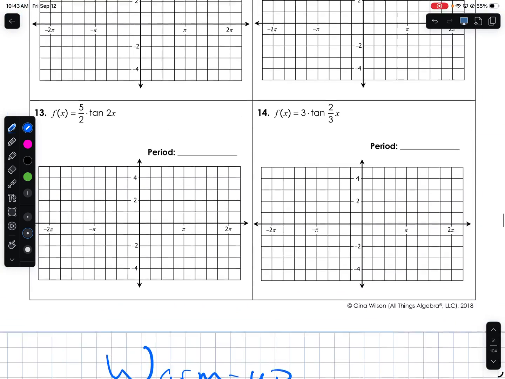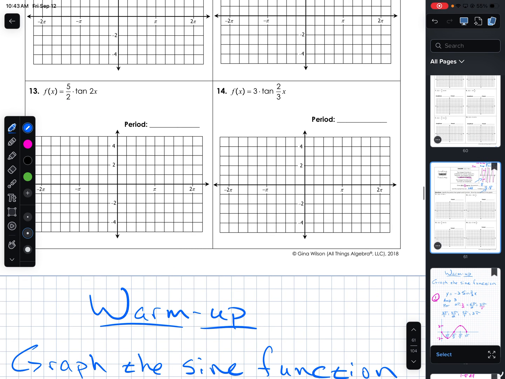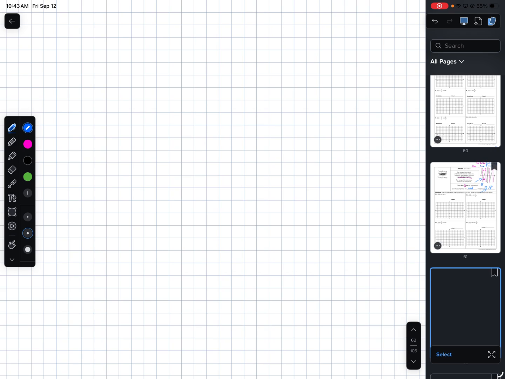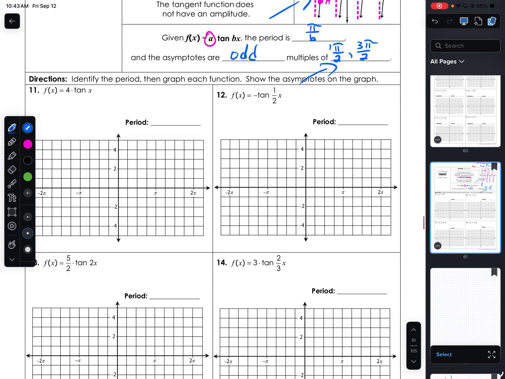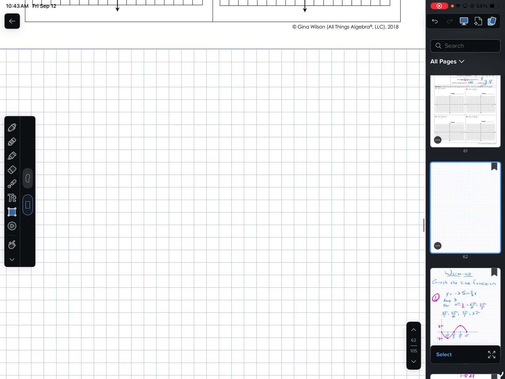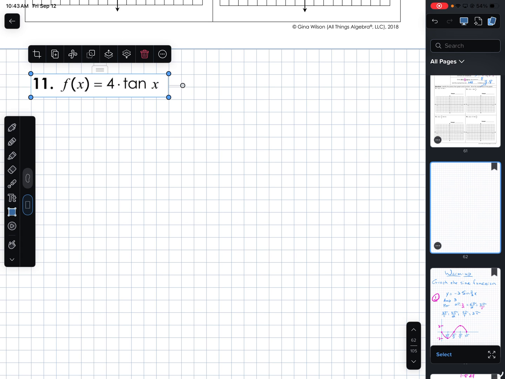We'll do it on a new page right here. All right, we'll do number 11 first. So you can grab another piece of graph paper if you want. You can also do it on the little grid where 11 is. You do whatever works for you.